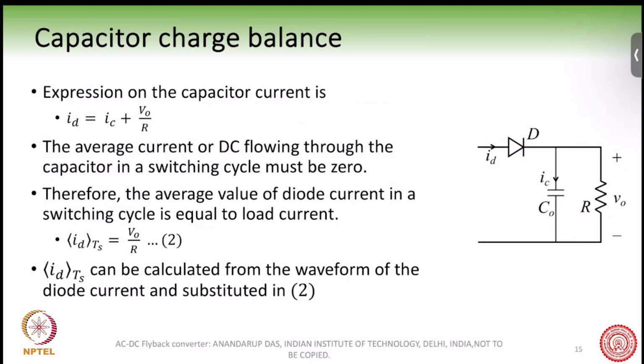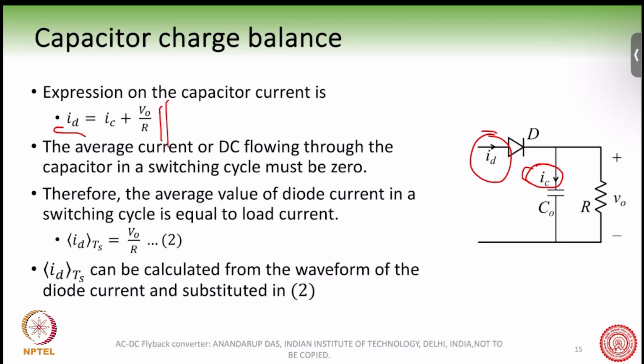In order to analyze the capacitor charge balance, we see that the current ID flowing through the diode, when the diode is on, is the sum of the capacitor current and the load current, IC plus V0 by R. One thing you must remember is that the capacitor cannot carry any DC.